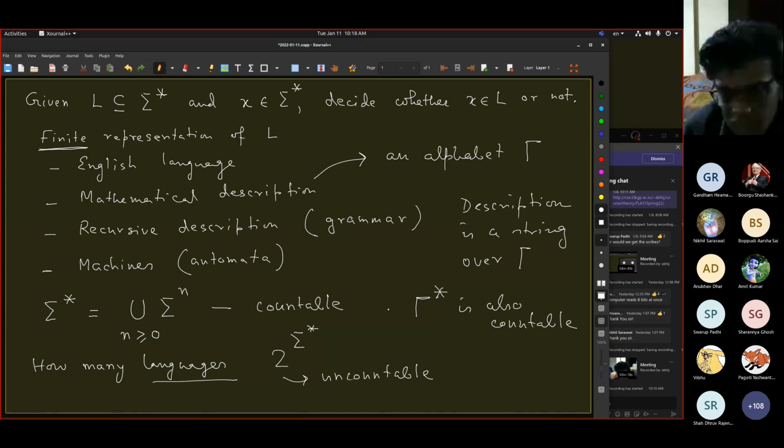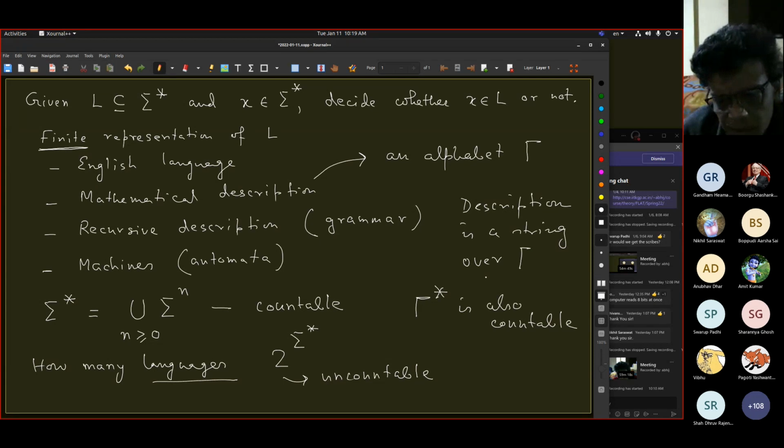In other words, if I am given only the possibility of finite description, then I can represent only countably many languages. Agree or not? Sir, can a description describe more than one language?